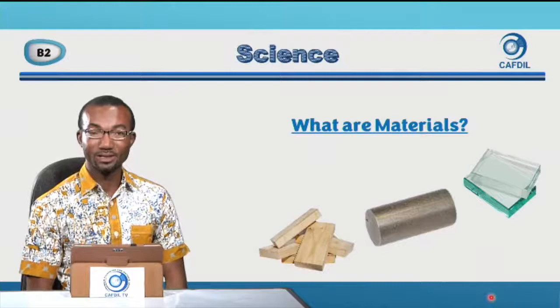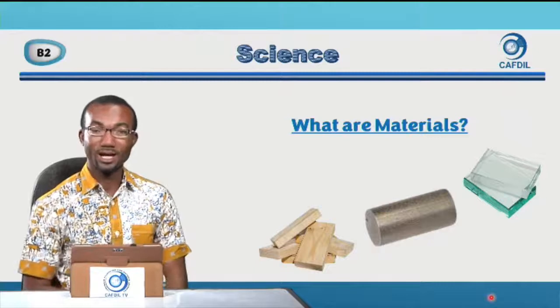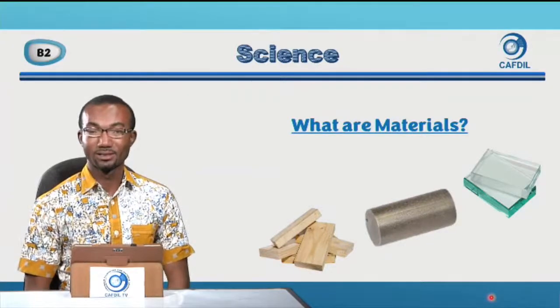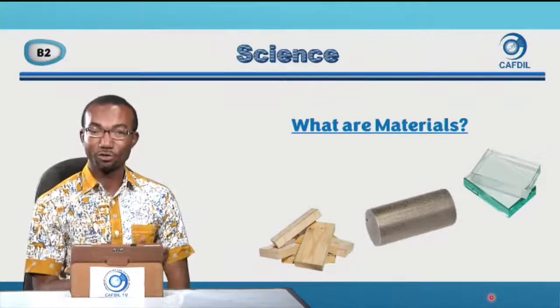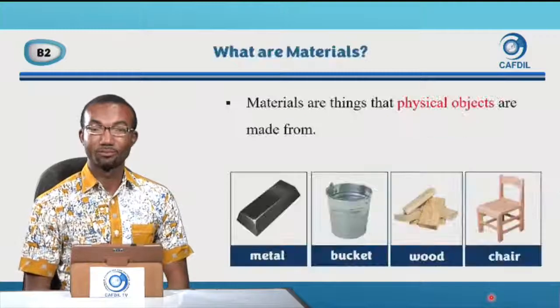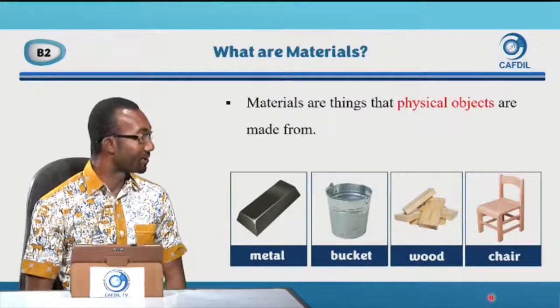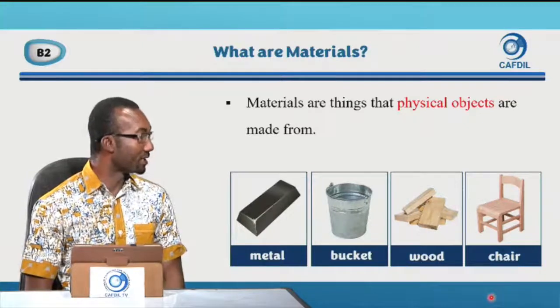What are materials? There are a lot of objects around us, and these objects are made from materials. So what are materials? Children, materials are things that physical objects are made from.